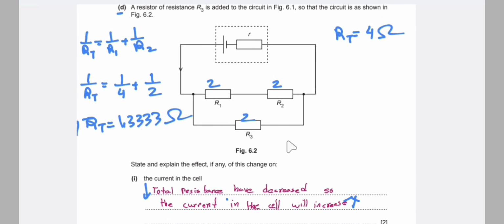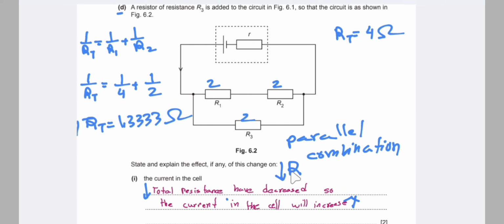So for a parallel combination, if we add an additional resistor, the total resistance decreases and the current must increase.